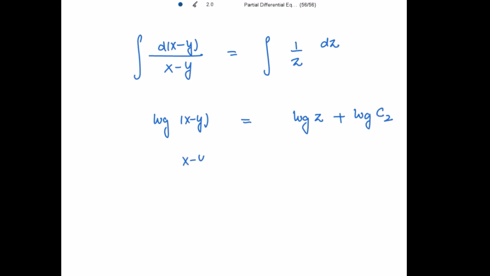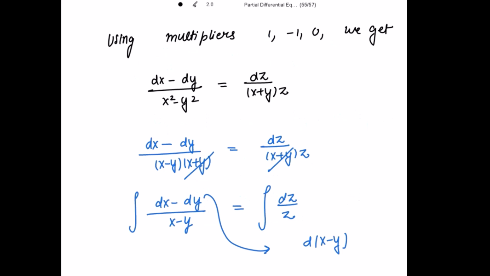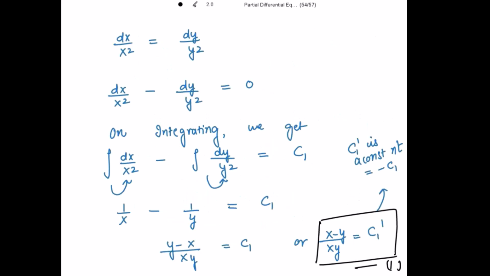So this is x minus y equals z into c2, or we can get (x minus y) divided by z equal to c2. So this is another solution from the auxiliary equations. This is your second solution and this is your first one.